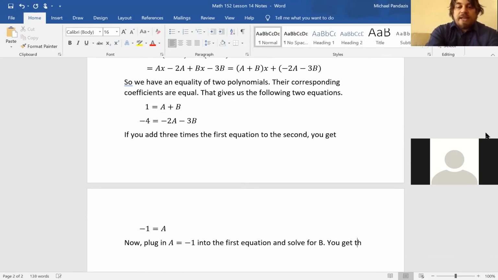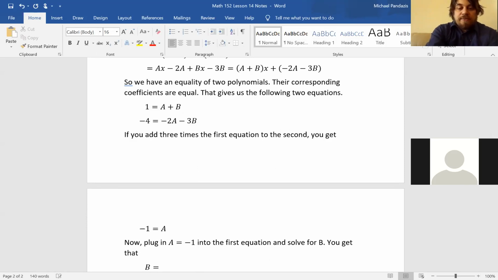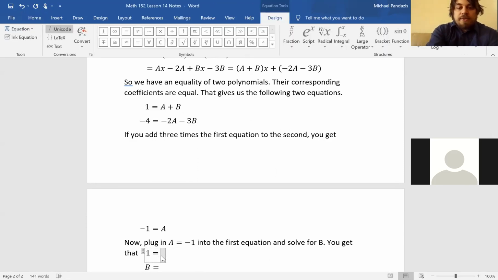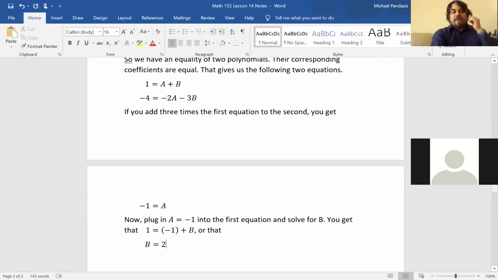You get that b is equal to, so if a is minus 1, you plug it in here, 1 equals minus 1 plus b, or that b is equal to 2. That's it. Okay. So now that we found that a equals minus 1, you just put that in here, and then you get b equals 2.